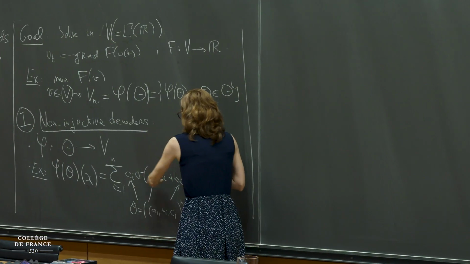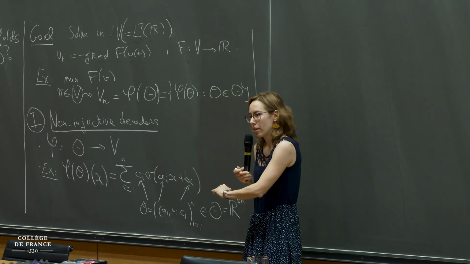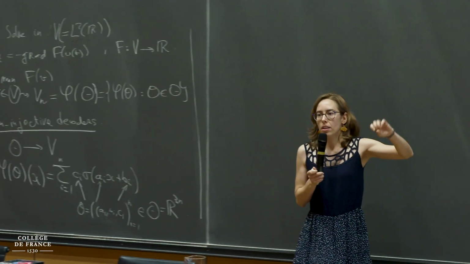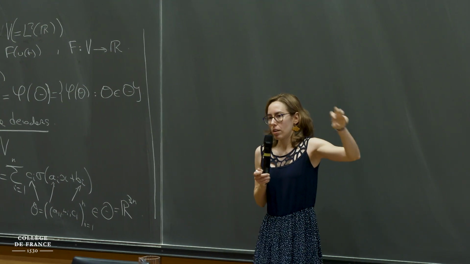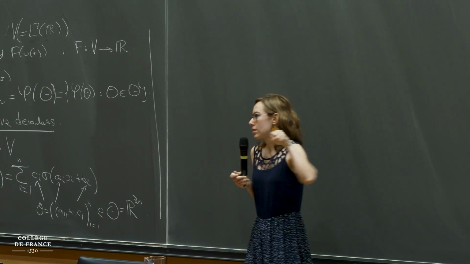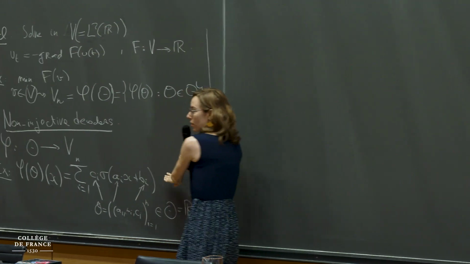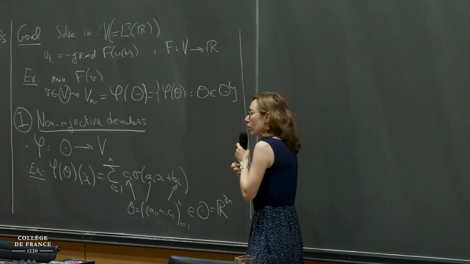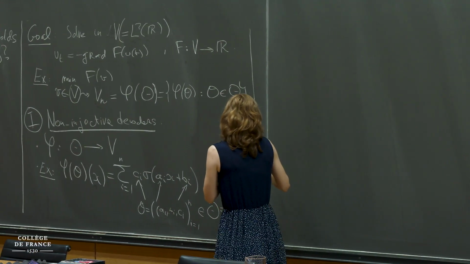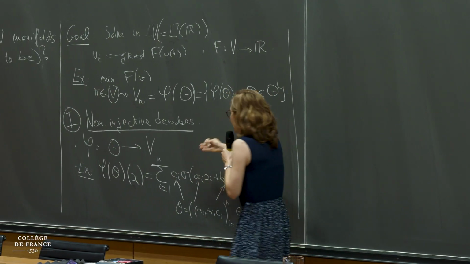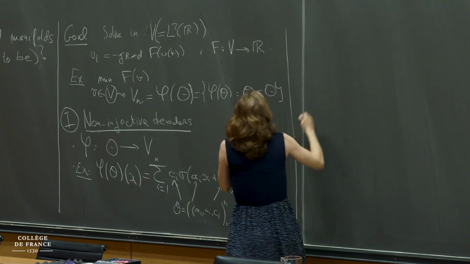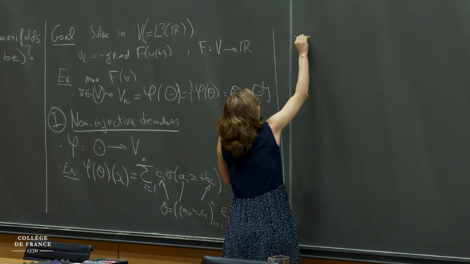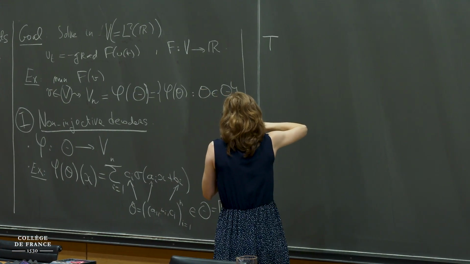The problem is that I have over-parametrization here, meaning that there can be several choices of parameters that are going to lead to the same function in the end. And so this is going to translate dramatically into the tangent space of this object.